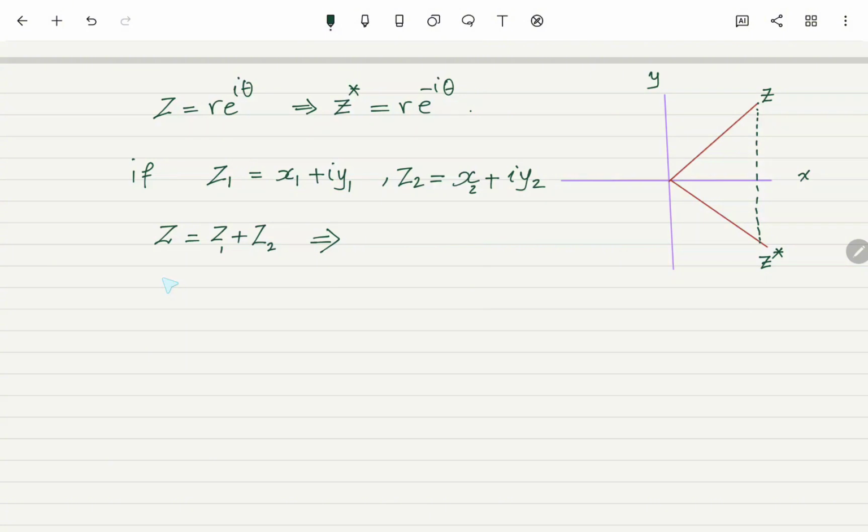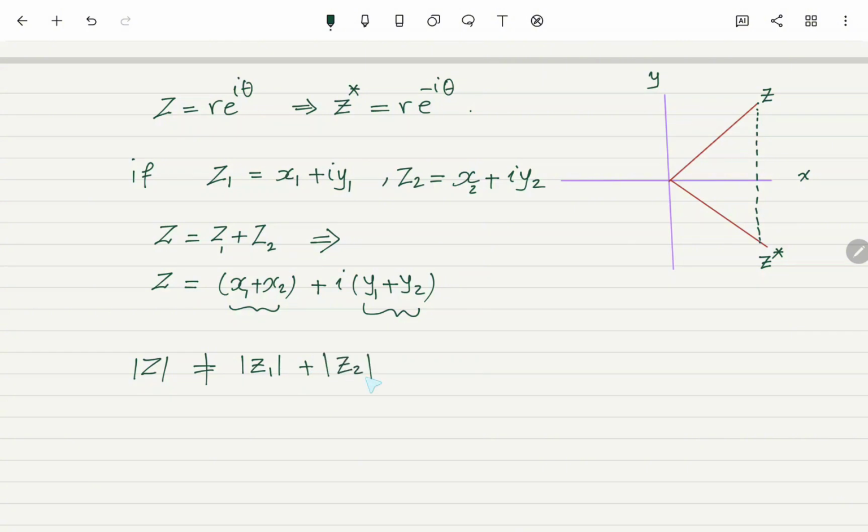So z in this case here equals x1 plus x2 plus i times y1 plus y2, in such a way that this part here is the imaginary part and this part here is the real part. It's very important to note that the magnitude of z does not equal the magnitude of z1 alone plus the magnitude of z2 alone. It's not correct.